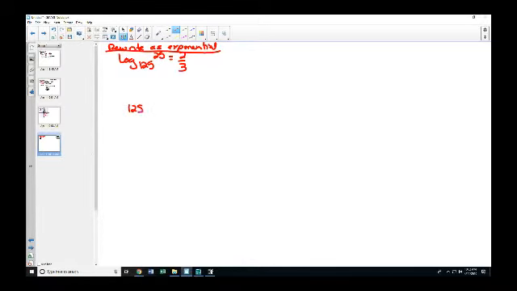Base, and then switch the numbers. That's rewriting as an exponential. So to put it to a log from an exponential, you just put log in front of it and switch those. Right, basically.